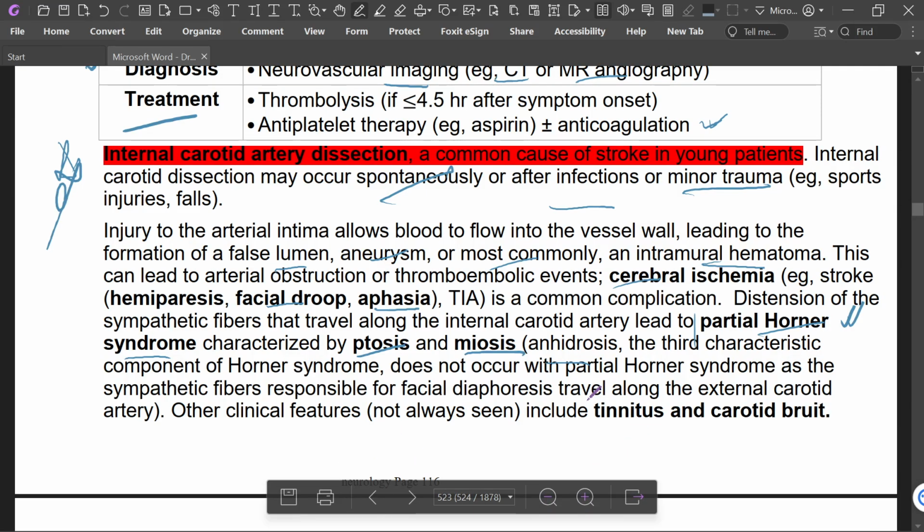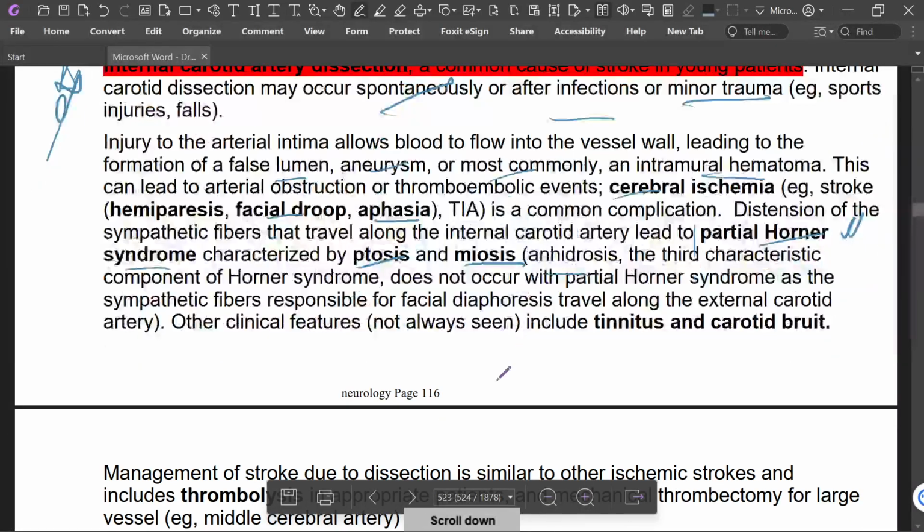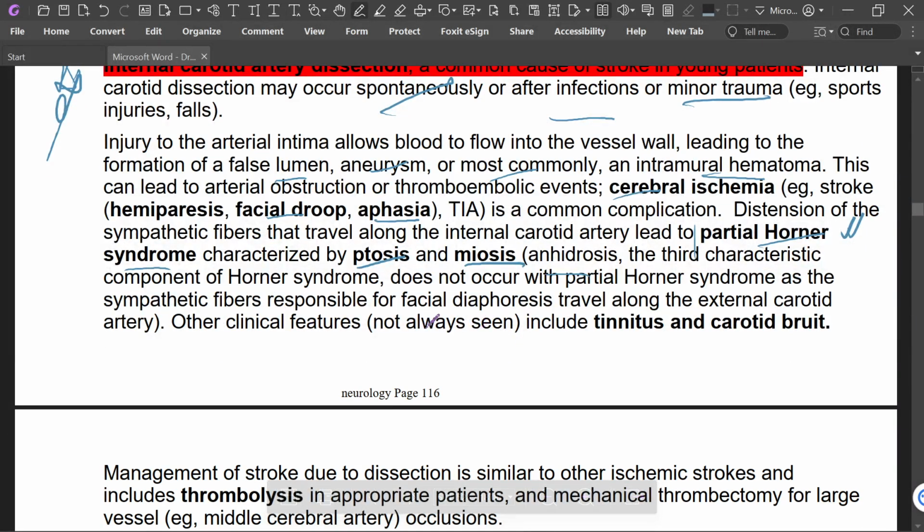Why? Because the sympathetic fibers responsible for facial diaphoresis travel along the external carotid artery, not with the internal carotid. That's why anhidrosis will not happen.